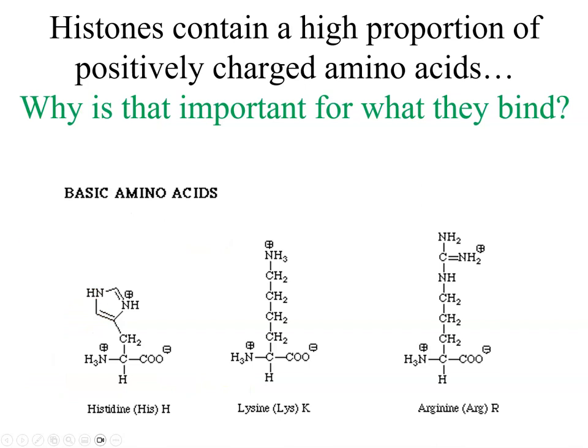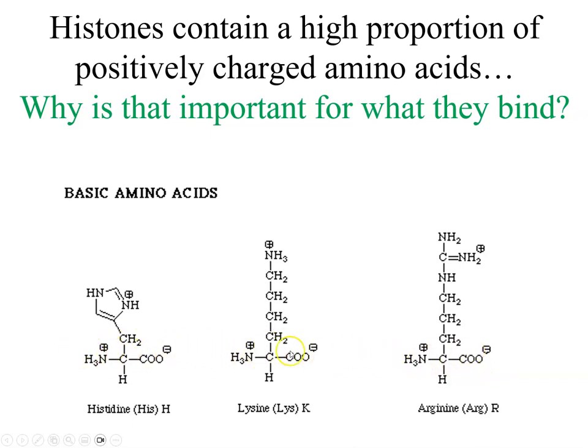All right, so this is a fun little quiz question. Why do you think it's important for histones to have a lot of positively charged amino acids? So what could be the value of the positively charged amino acids? So histidine, sorry, these are a little grainy, but histidine, lysine, and arginine, right? This is the backbone, the NCC, those are backbone down here that are going to be part of the protein.